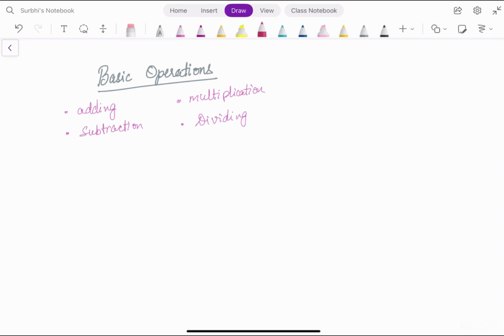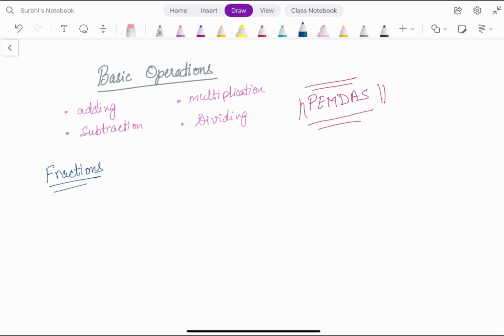The same operations we can perform with the real numbers. Then you have also learned about PEMDAS: Please Excuse My Dear Aunt Sally. So the basic operations and PEMDAS, we will follow the same way with the real numbers.